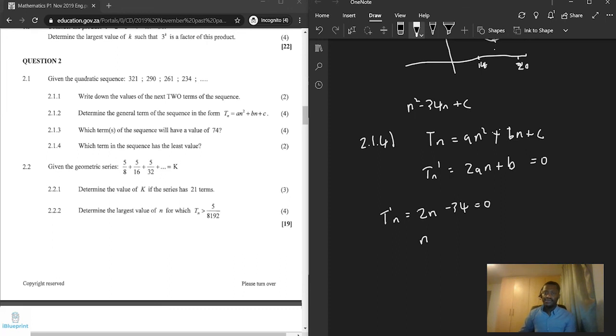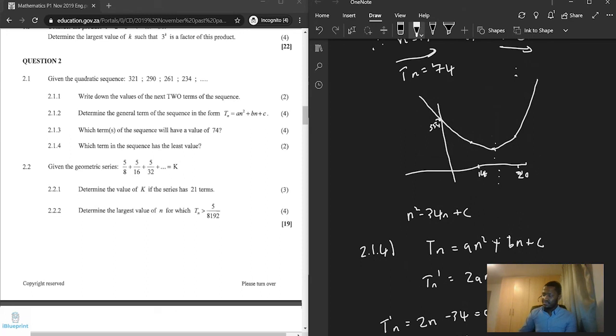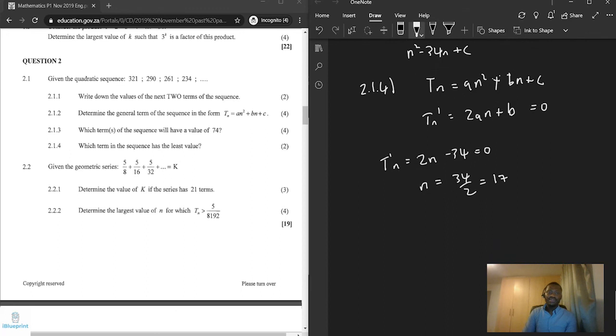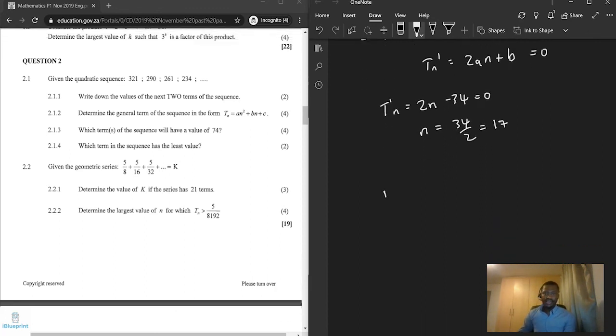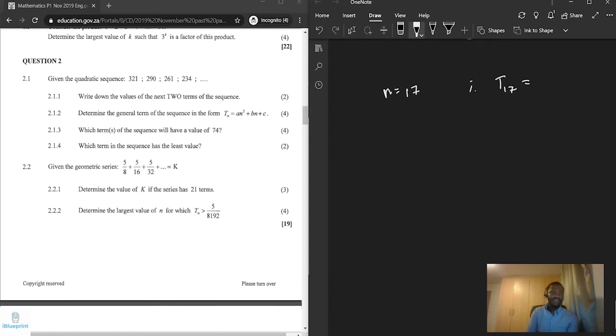If you solve for n, we have 34 divided by 2, which is 17. That makes sense, because if you look at this graph, 17 sits in the middle, so it makes sense that this would be the turning point. So the term in the sequence with the least value is the turning point. They didn't ask what the least value is, so the term is n equal to 17. But just for the sake of it, you can calculate what the turning point value actually is. Okay, that's 2.14 done.